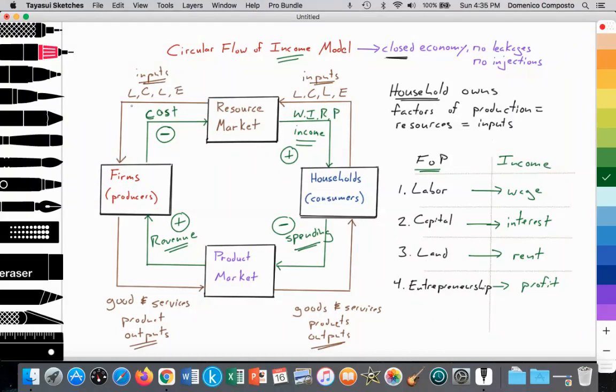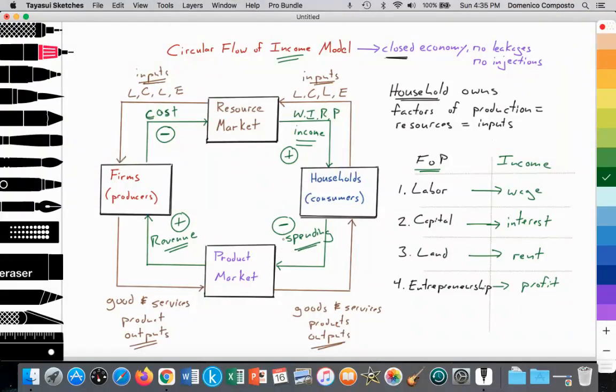Firms utilize these resources as inputs in their production process to generate goods and services, which are sold in the product market. And this is a place where firms and households meet to buy and sell outputs or products or goods and services. Firms generate revenue from the sale of these goods and services, whereas the household is engaging in spending or consumer expenditure to acquire those goods and services.